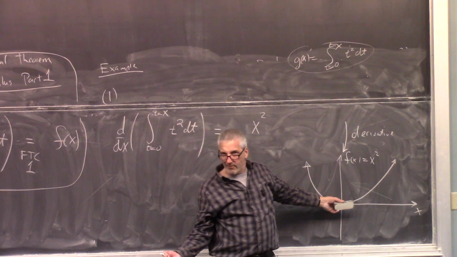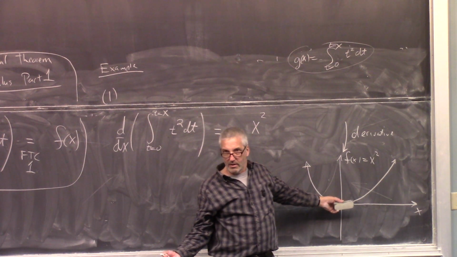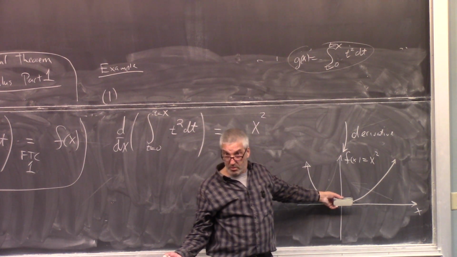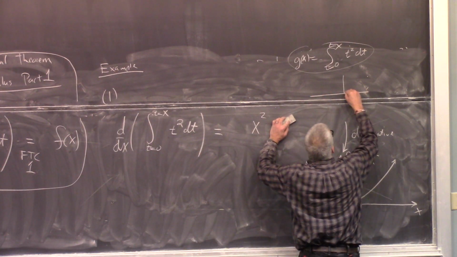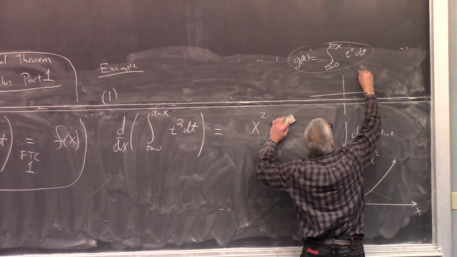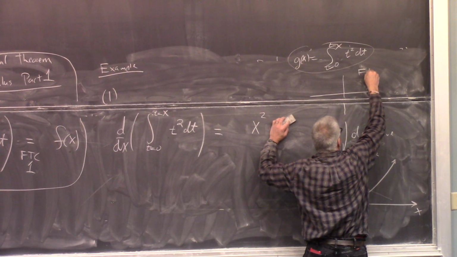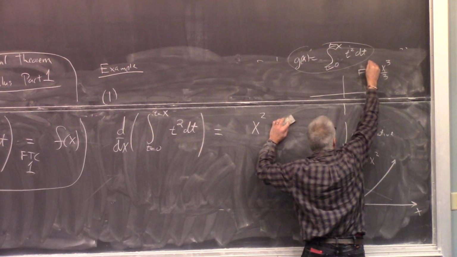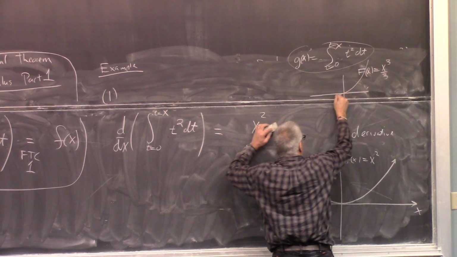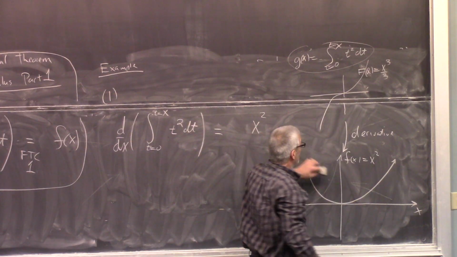But we already have a formula for an antiderivative of this thing. We can use the power rule. So I could call this capital F of x is x cubed over 3. Using the power rule, we know how to get an antiderivative of x squared.